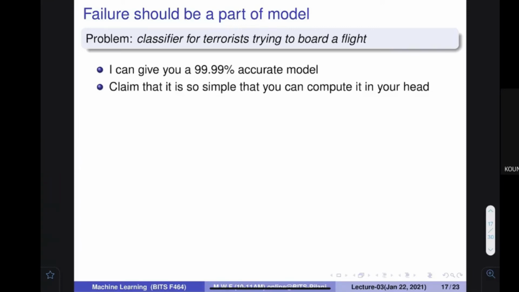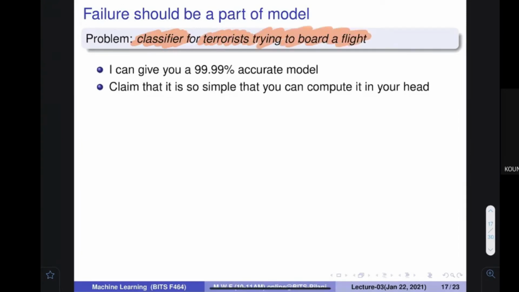Okay, now I want to tell you a very interesting story. Sometimes we want to make a very highly accurate system, but we don't think about the effect of the error. Let me give you an extreme example. Let's assume you want to make a classifier for terrorists trying to board a flight.